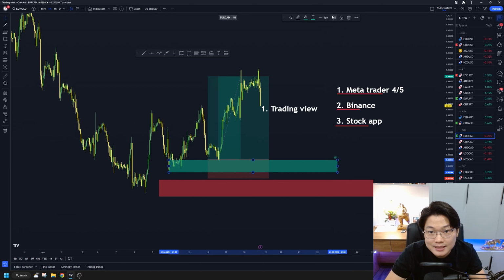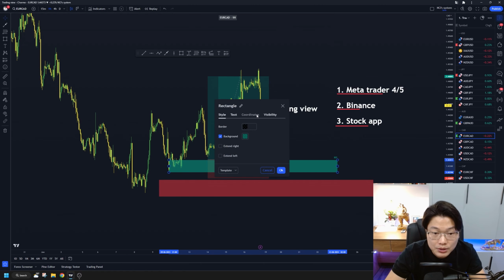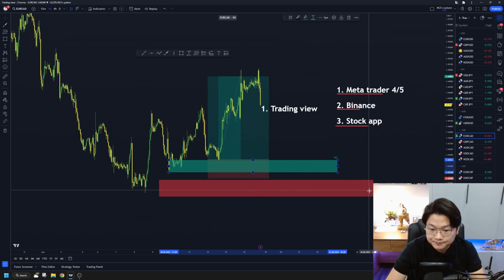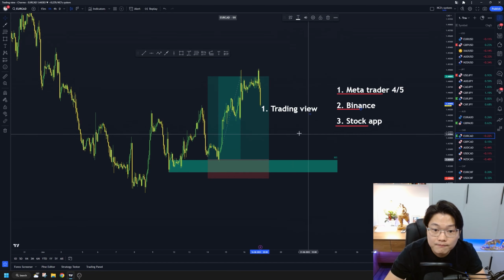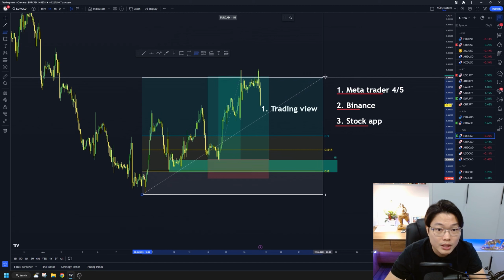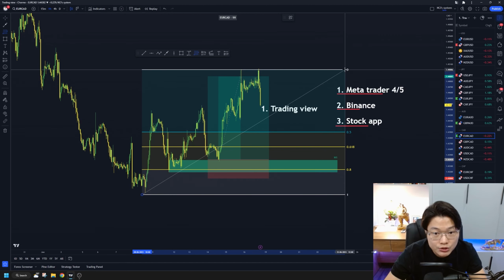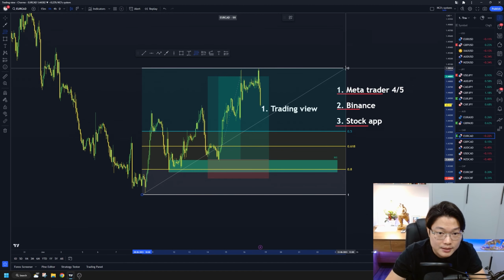You can set it right over here, very easy to use, right? I just want to guide you very quickly in this video so you can have better preparation before learning about trading. And here is the Fibonacci. I normally use the Fibonacci to define the POI zone in the market. This one relates to the smart money concept only.